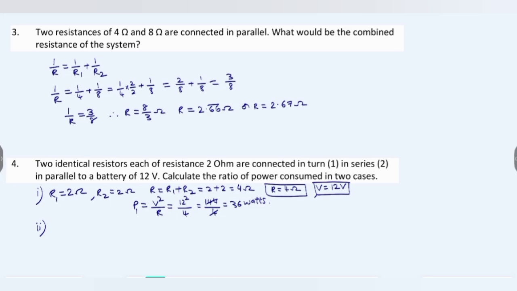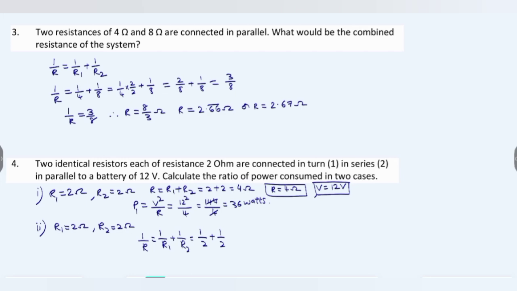Now the second case. R1 and R2 are the same. R1 is equal to 2 ohms. R2 is also 2 ohms. But the effective resistance is given by 1 by R is equal to 1 by R1 plus 1 by R2, that is 1 by 2 plus 1 by 2.